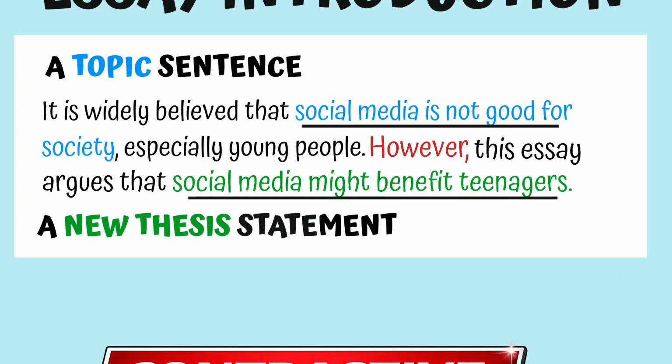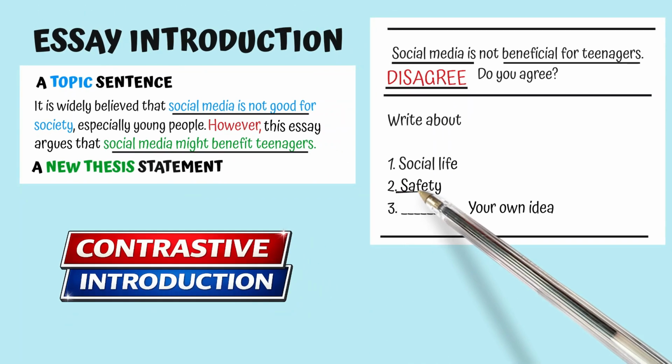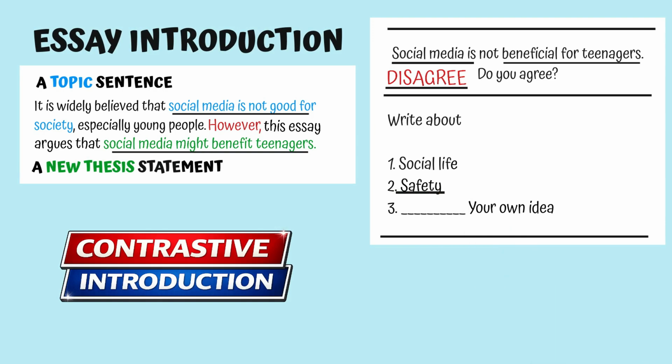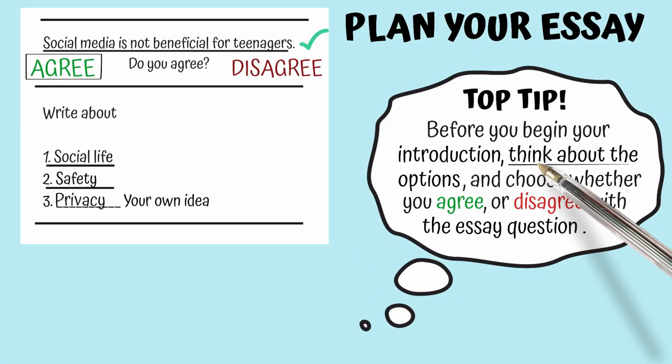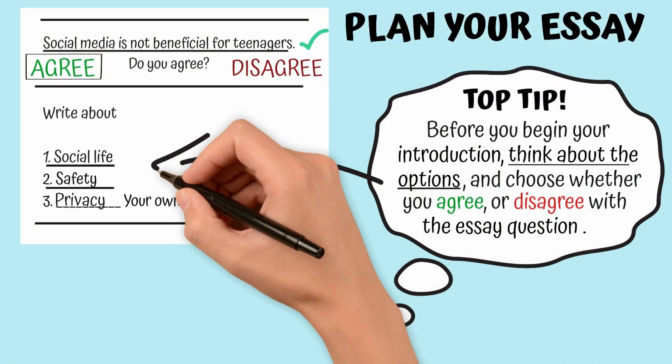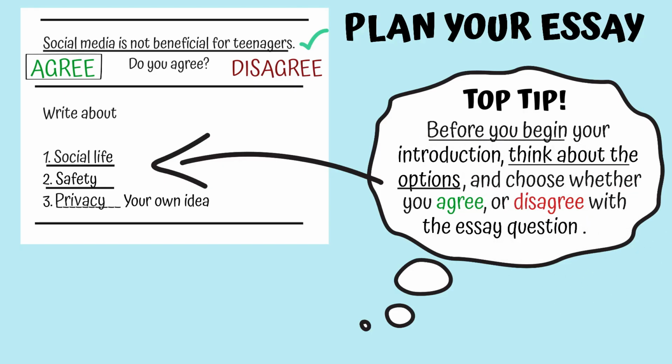However, this is probably not a good idea because it's going to be difficult to write about benefits of social media related to safety. That's why it's very important to think about the options before you begin your essay introduction. Make sure you choose an opinion which is easy to defend.